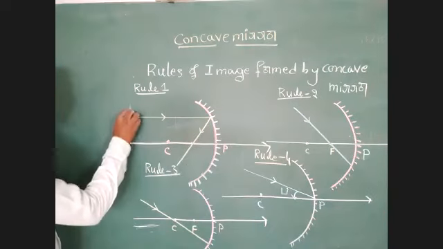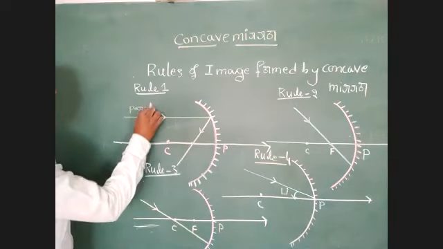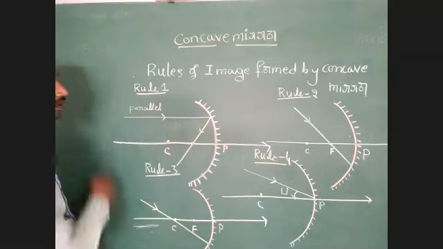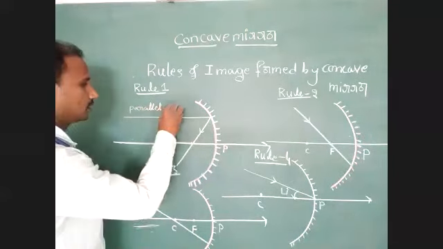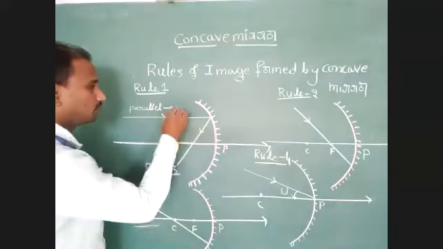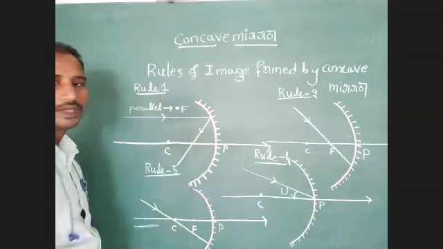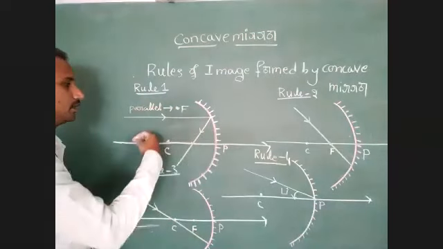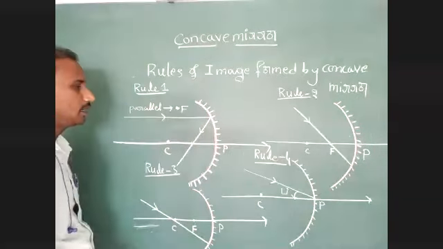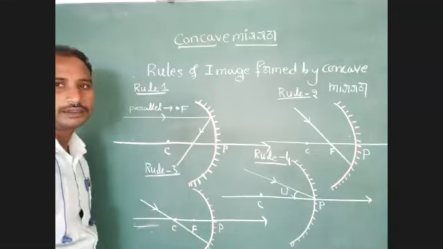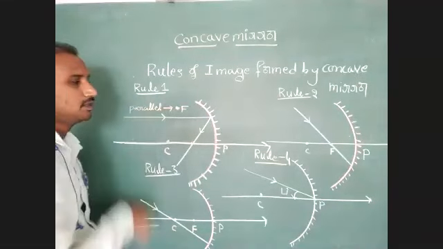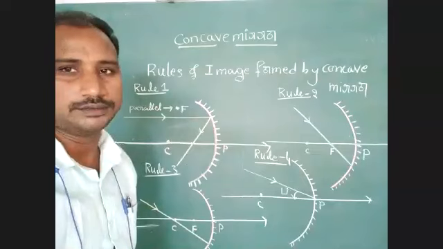What is the meaning? Parallel. Then the reflected ray passes through the principal focus. If an incident light ray is parallel to the principal axis, then the reflected ray passes through the principal focus.